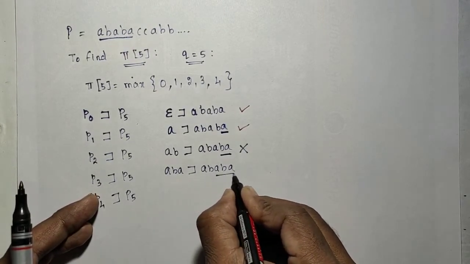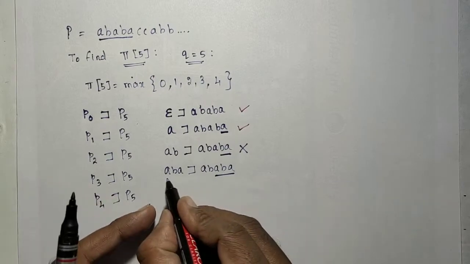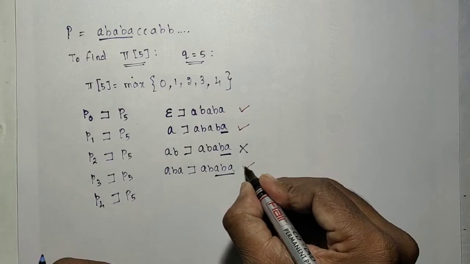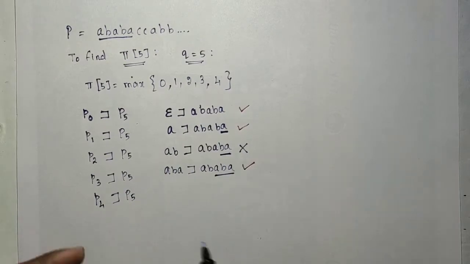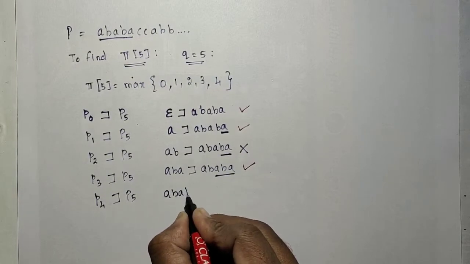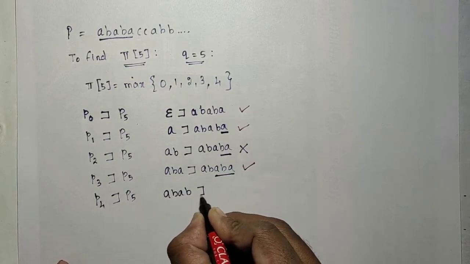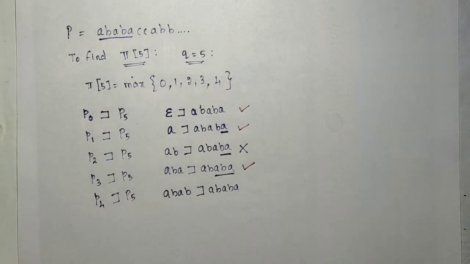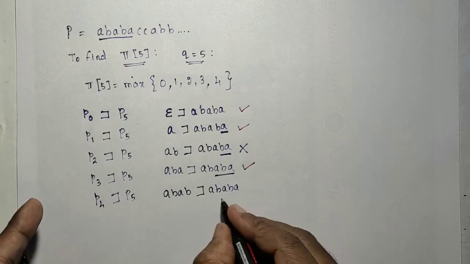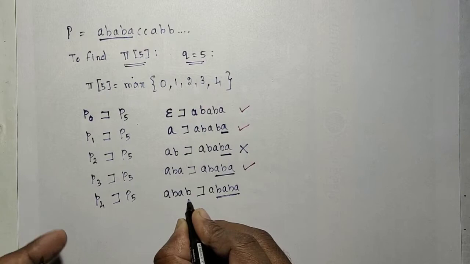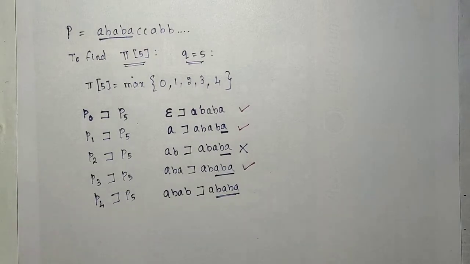So aba and aba are both equal, so this is a proper suffix. And then p4 means 4 characters, that is abab. The first 4 characters, is it a suffix of ababa? So we need to compare the last 4 characters, that is baba, with the first 4 characters, abab. So it is not a suffix.